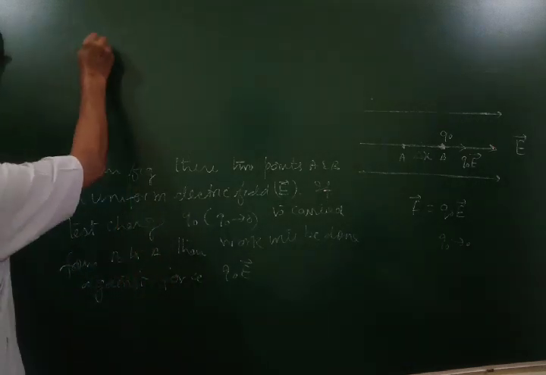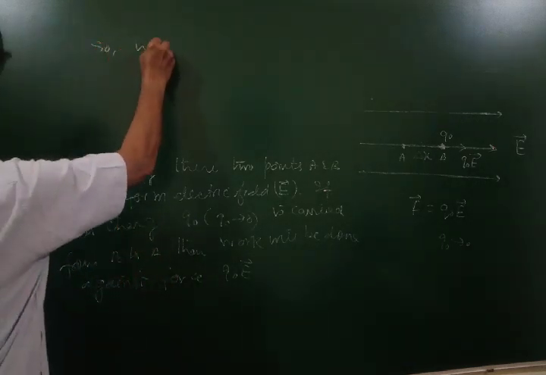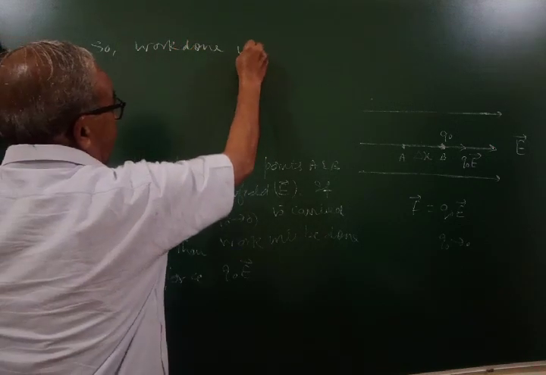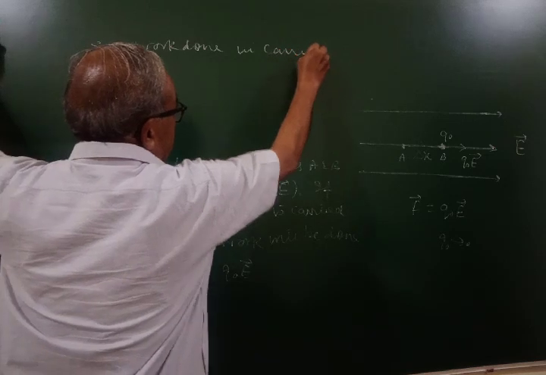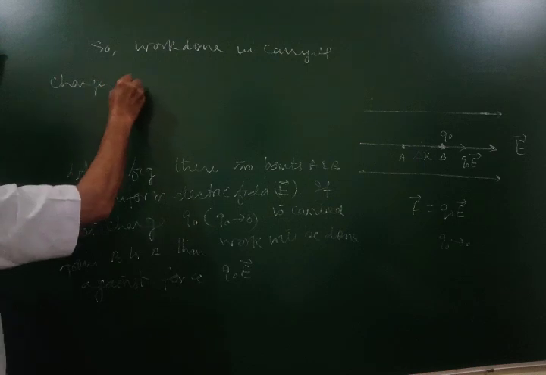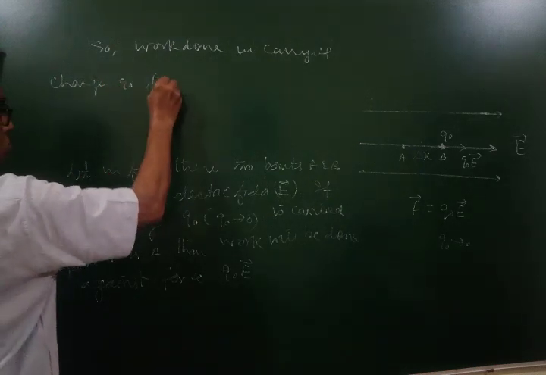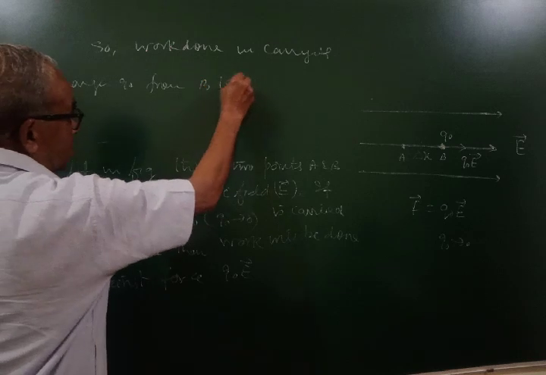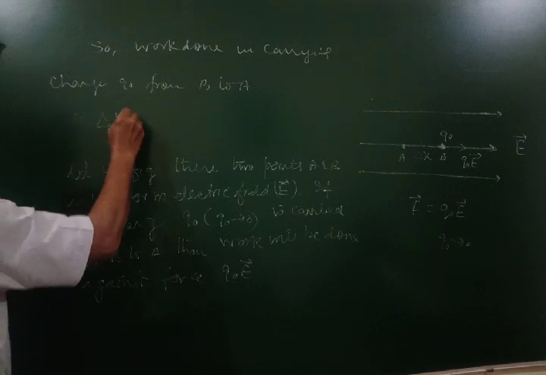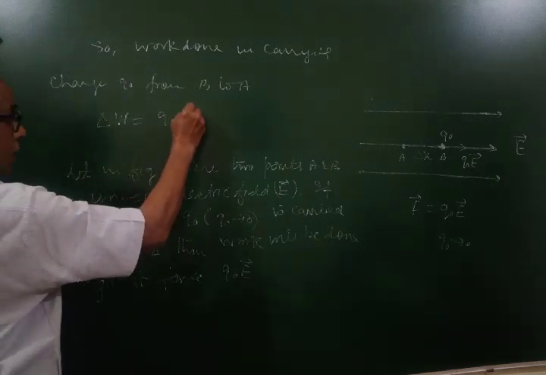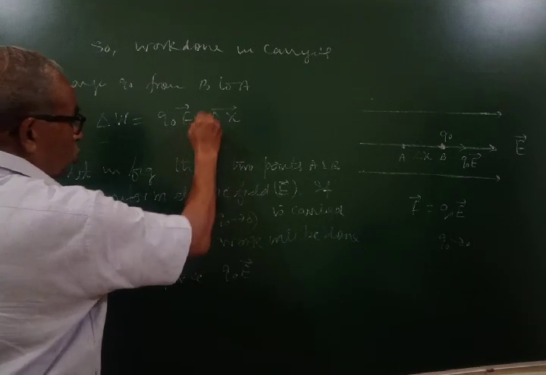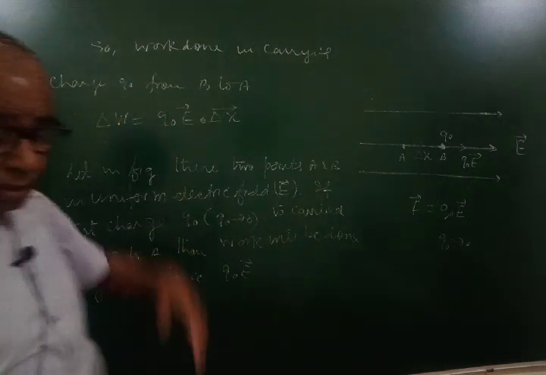So the work done in carrying charge Q0 from B to A, I will write delta W, is Q0E dot delta X. Here Q0E is the force applied by the electric field.